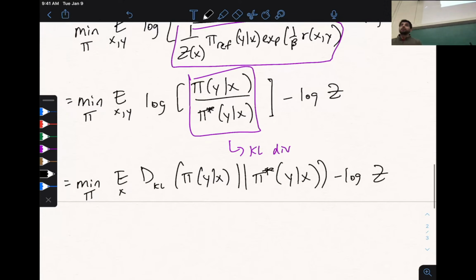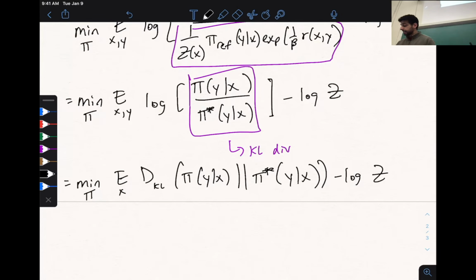And so now that we have this KL term, we know that the KL divergence is minimized when both of the distributions are equal to each other, right? So the KL in particular is 0 when pi y of x is equal to pi star.